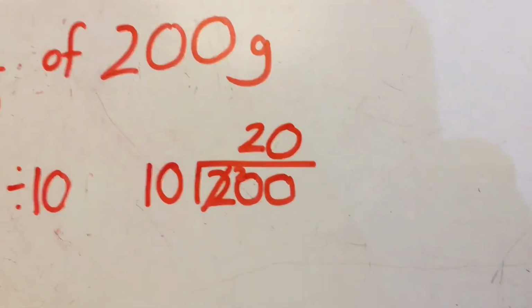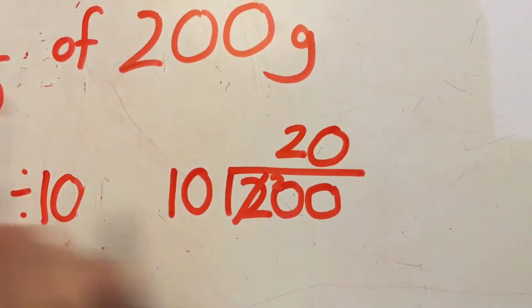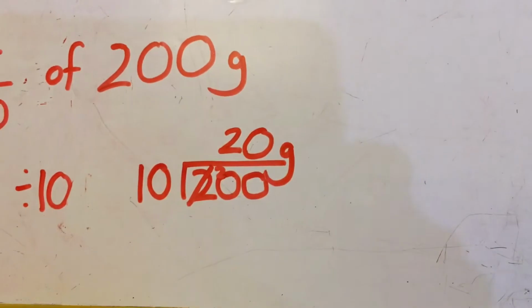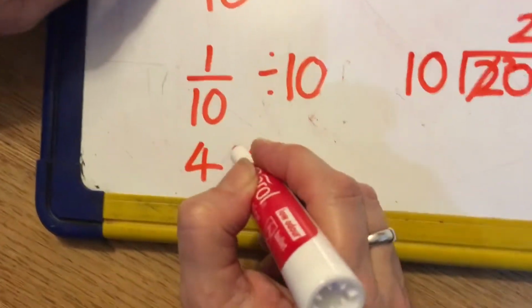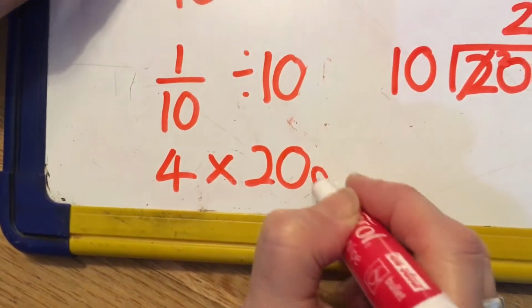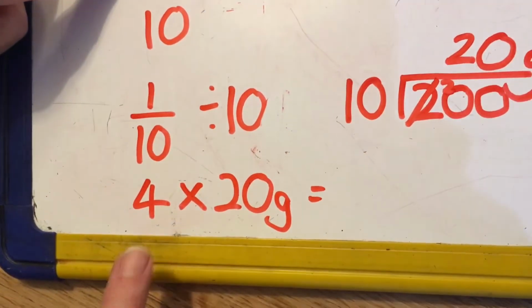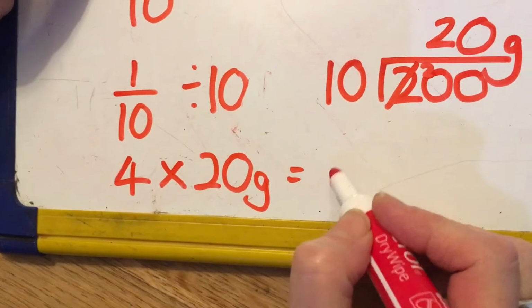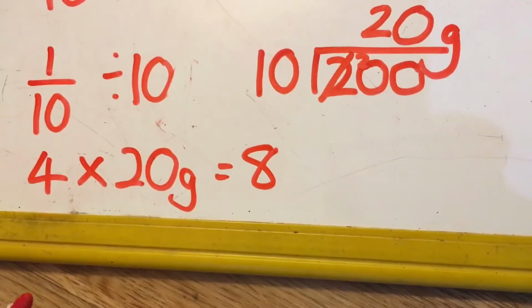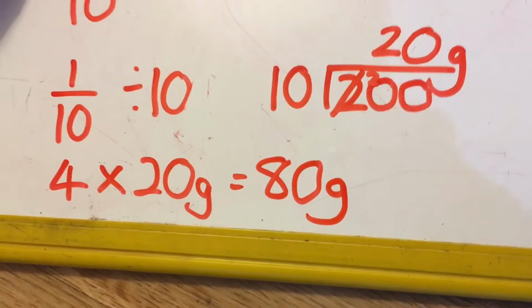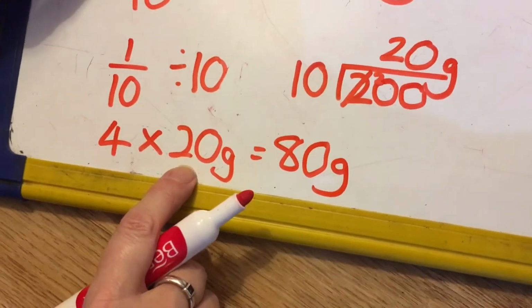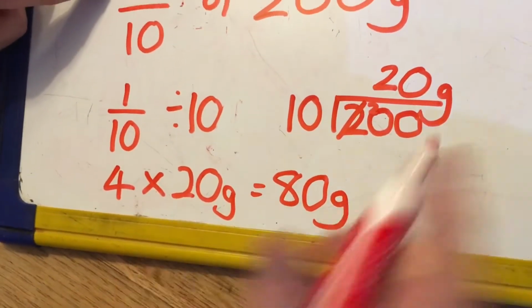So 1/10 is 20 grams, but I want 4 of them. So remember, 4 lots of 20 grams. And a quick way, 4 times 2, well, that's 8. I've got to make it 10 times bigger. 80 grams, or you could just count in 20s, 20, 40, 60, 80.